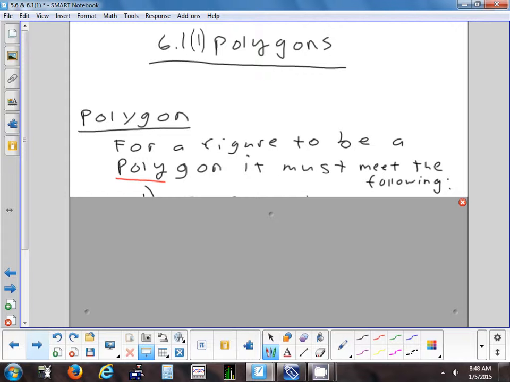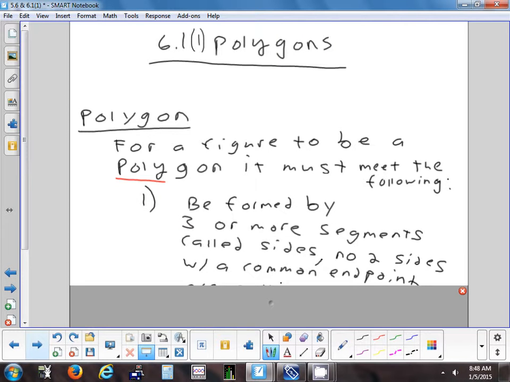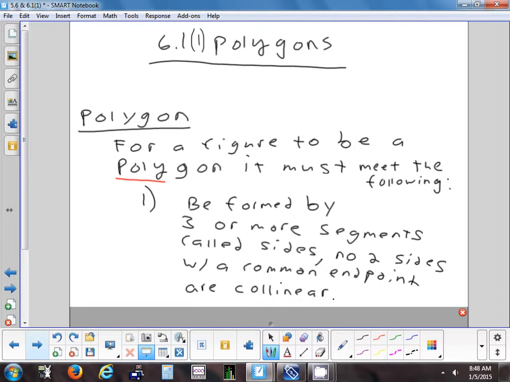All right, so there's all kinds of words that have the prefix poly. When we get to studying 3D shapes, we'll talk about polyhedrons. Polyhedrons are very similar to polygons, except they're 3D instead of 2D.